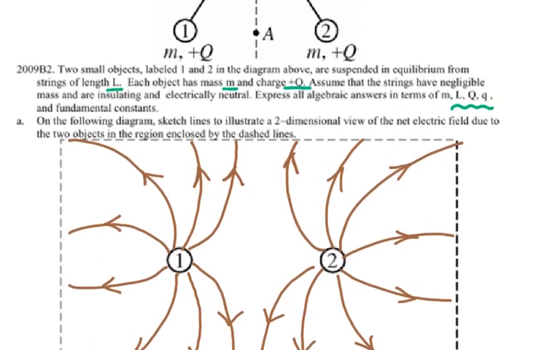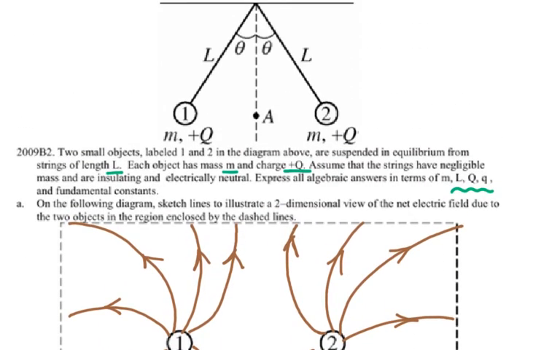So let's look at point A. Here is point A, and I have to determine the electric potential at point A. I'm going to derive the formula here. The definition is the work per charge.